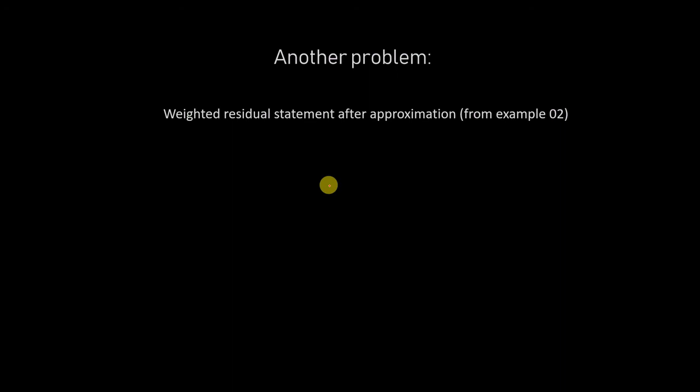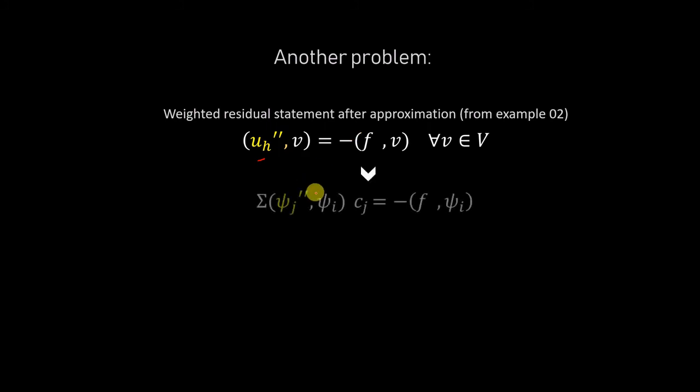So we started with the weighted residual statement for some problem, say example 2, and we used the trial solution, put it in this expression, and what we got is this. Note that in this expression, this yellow part is the second derivative of the basis function.